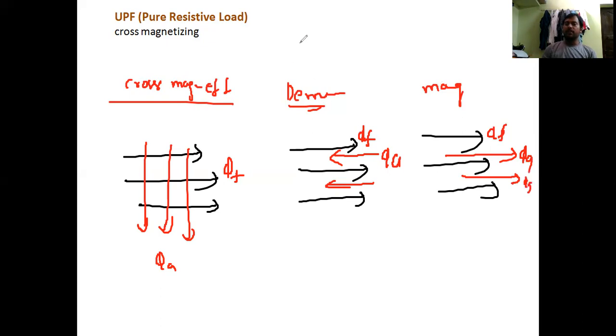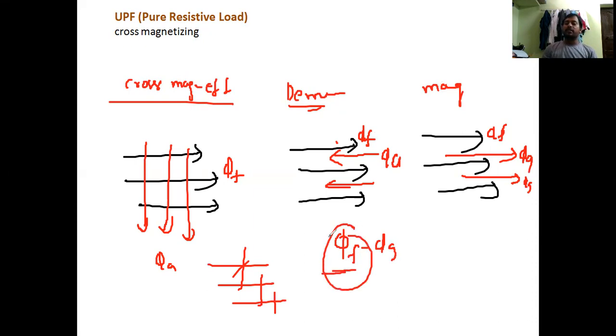Look at this one. Cross magnetization is just the fluxes crossing each other like this. Demagnetization is opposite to each other, phi f minus phi a, so the resultant flux decreases; the field flux decreases.